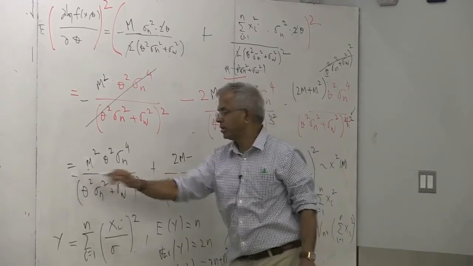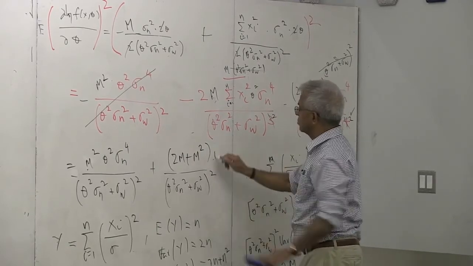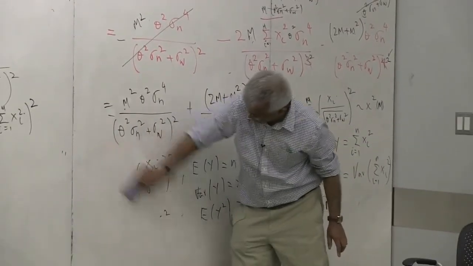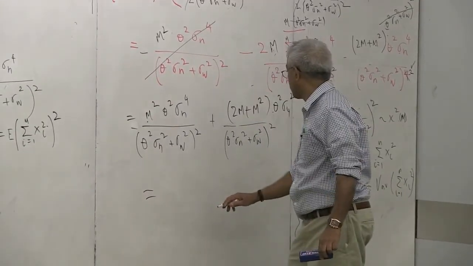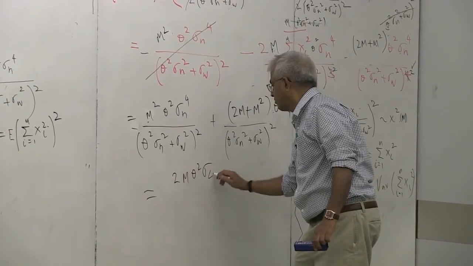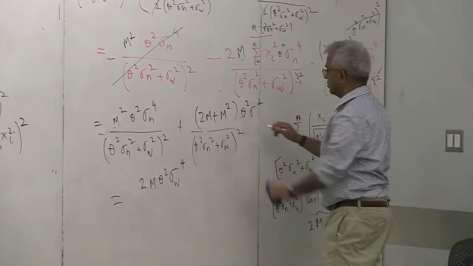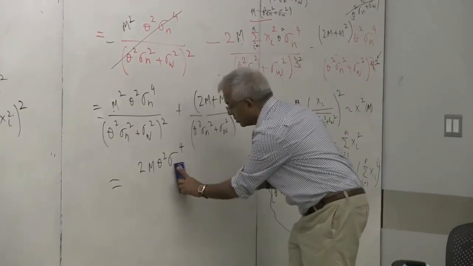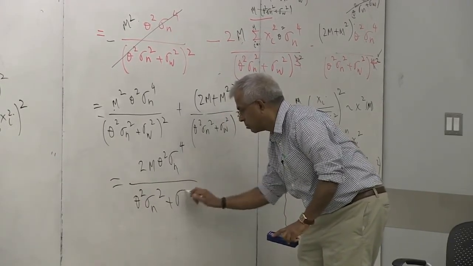This was plus, this is minus 2m plus m squared multiplied by theta squared sigma 4. So if you copied all this, it's too late now. So you get 2m theta squared sigma n4 sigma w4, over theta squared sigma n squared plus sigma w squared.